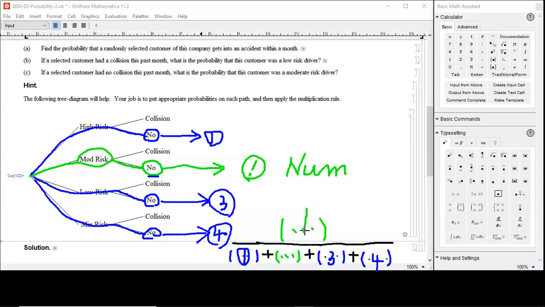Okay, that's the one I am particularly interested in. Oh, well, whatever. So out of 4 possible ways to get no collision, the one that I'm particularly interested in is the one coming from moderate risk, the one highlighted in green here. So that's the computation I'm going to do in a moment. All right?